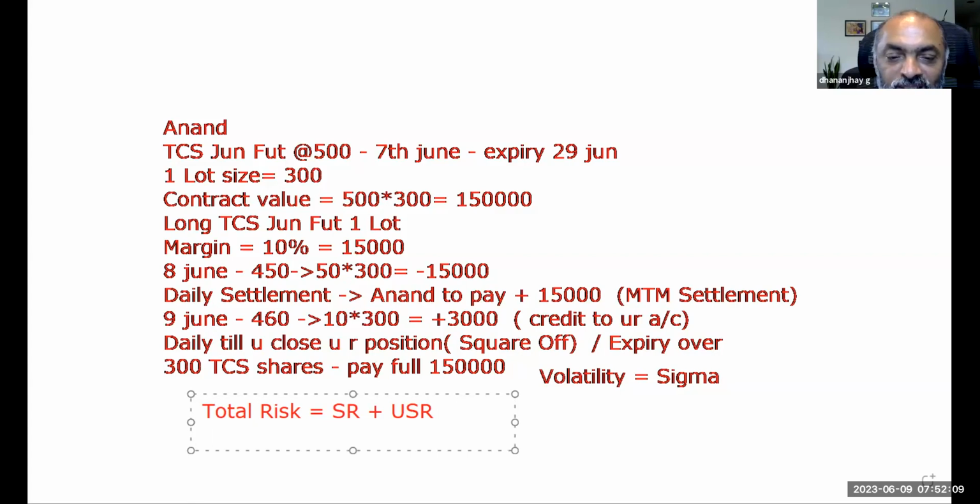Total risk is measured by your sigma square. Is it right? Systematic risk is proxied by beta. So if you want an exact equation, it will be beta square into sigma m square. I remember this formula.